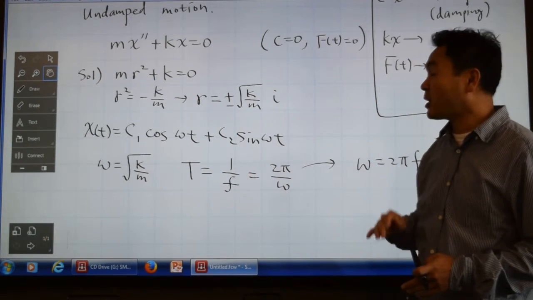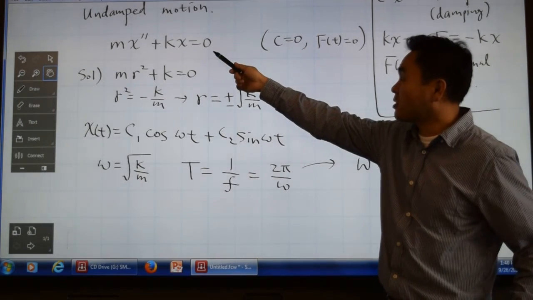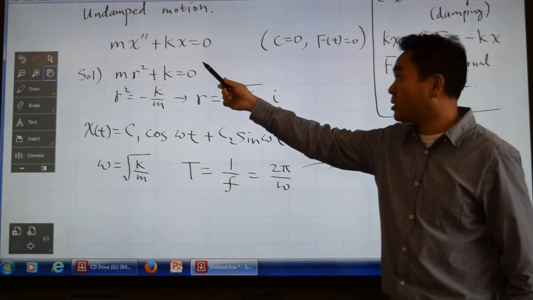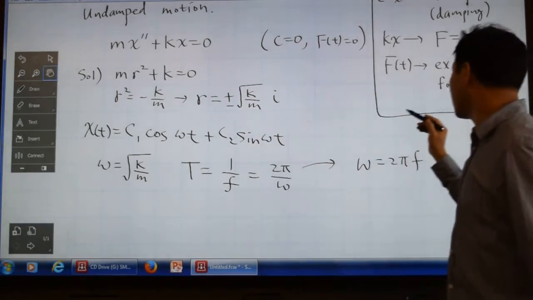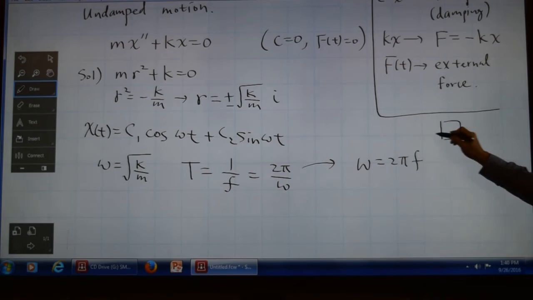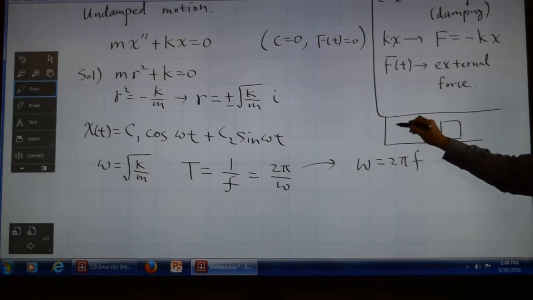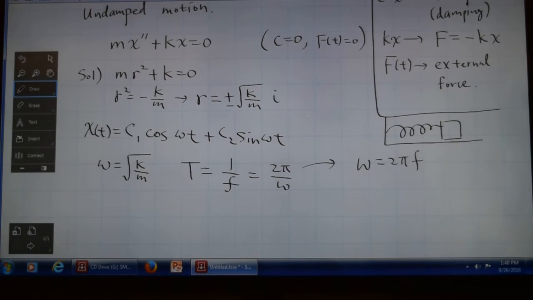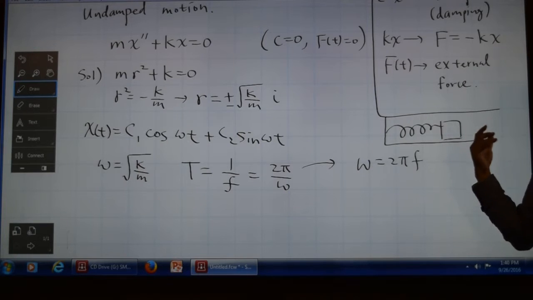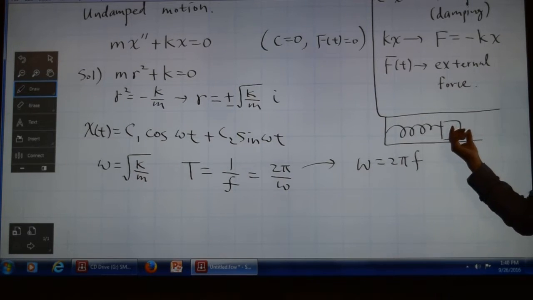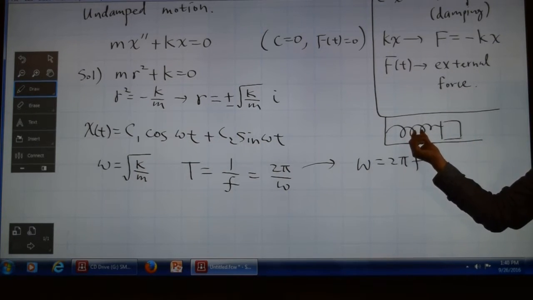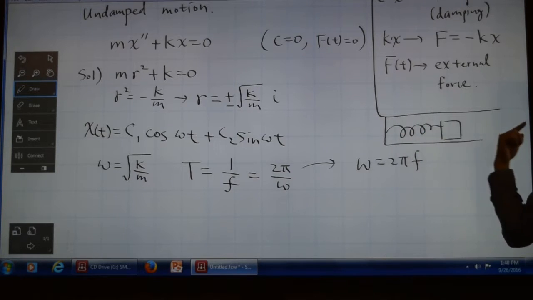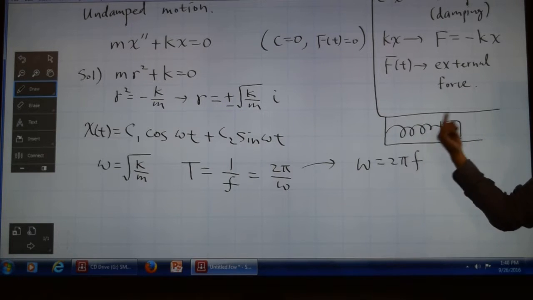So maybe I forgot to say what this motion is about. This is mechanical vibration, where you have a block attached to a spring on the wall. And because there's no damping, we're not putting the dash pot, and we're assuming that there's no friction in the system. So if you push it this way and leave it, then it's going to swing back and forth. And because we're assuming there's no friction, it's never going to stop.